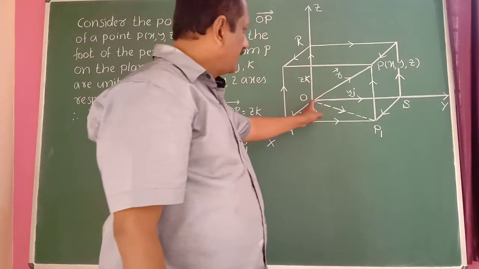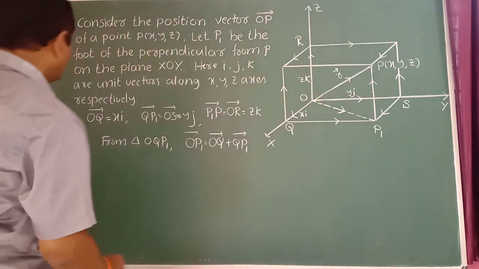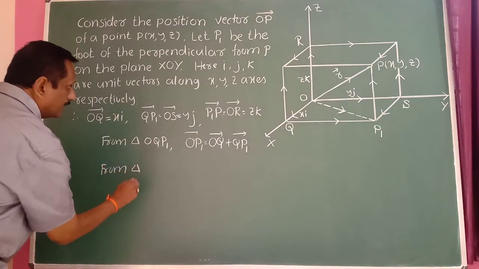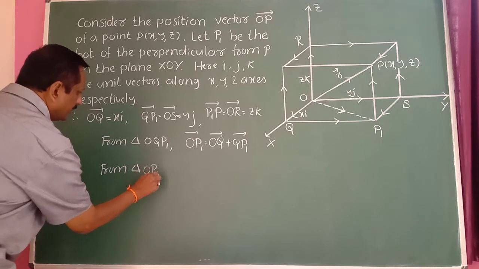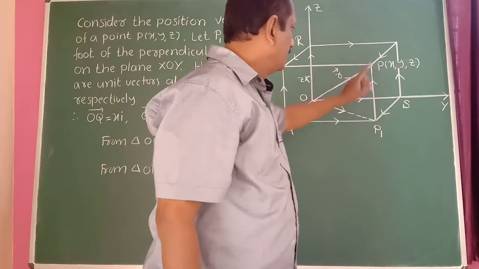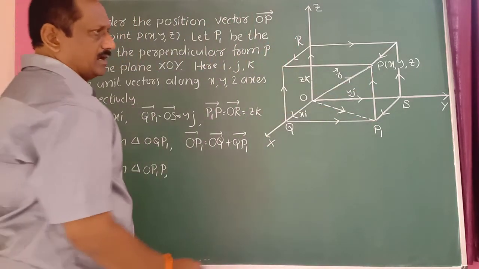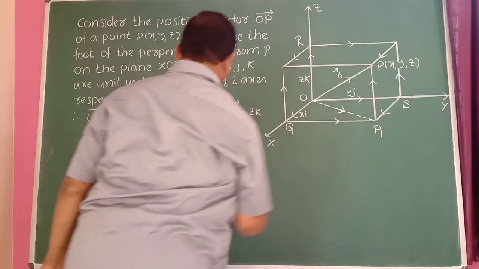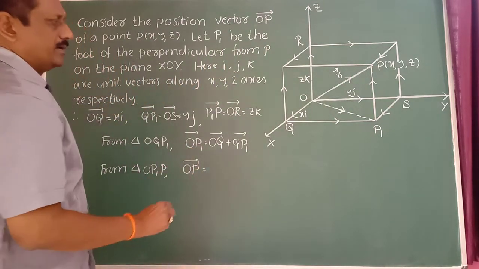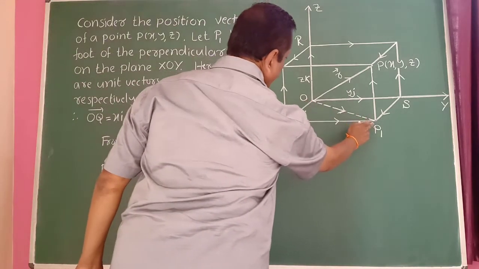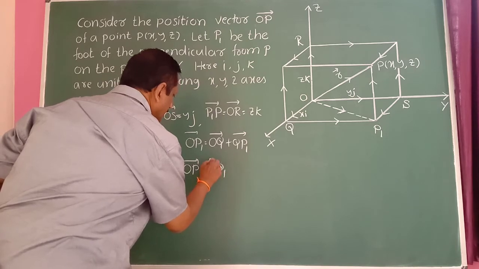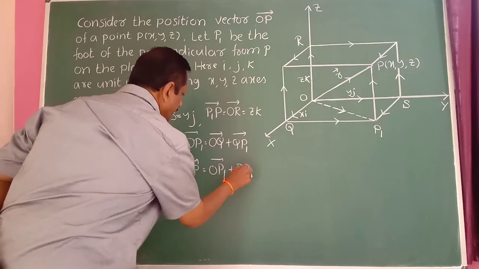Next, consider the triangle OP1P here. From triangle OP1P, again it is the triangle law of vector addition. The vector OP bar is equal to OP1 plus P1P.